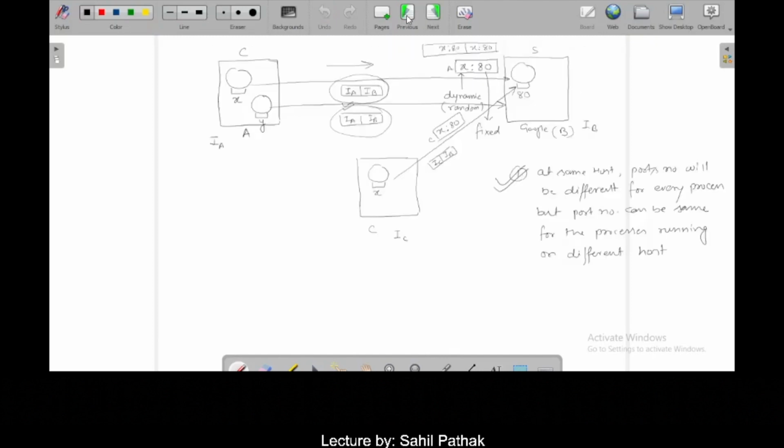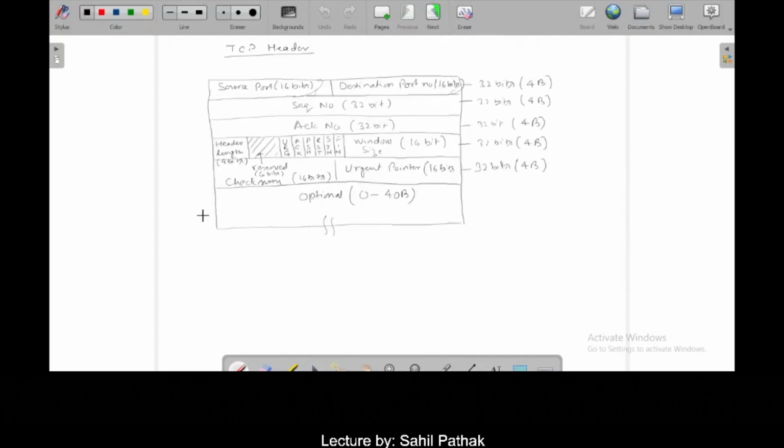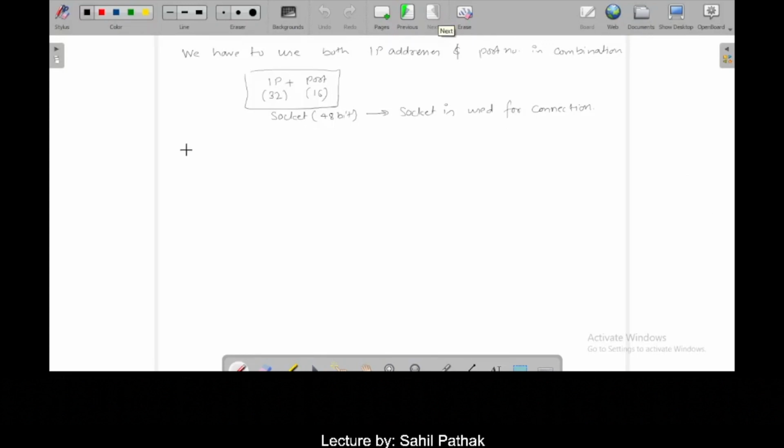Now we will move to the next part of the TCP header, which is the sequence number. You can see the sequence number is nothing but a 32-bit field. Before discussing the sequence number, there are a few things to know. Number one is that TCP is a byte stream protocol.